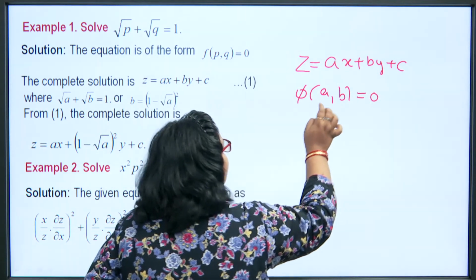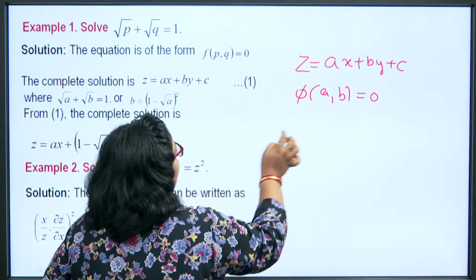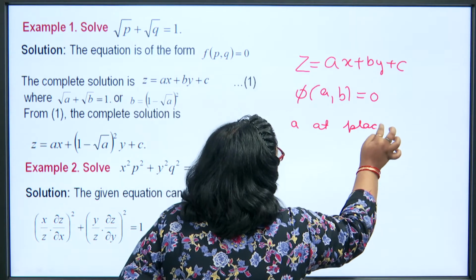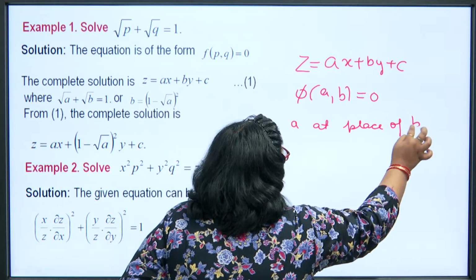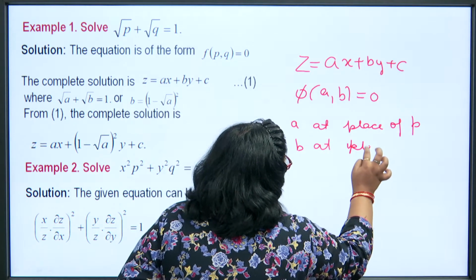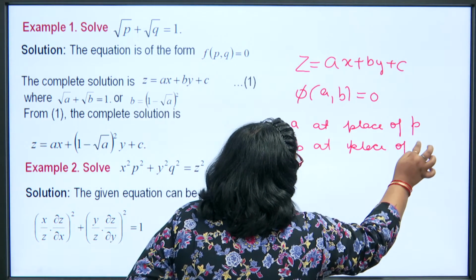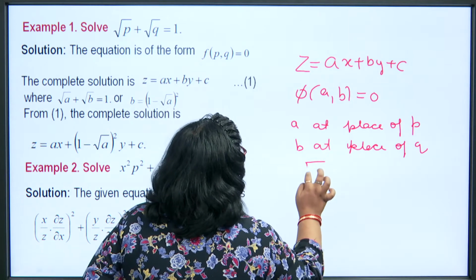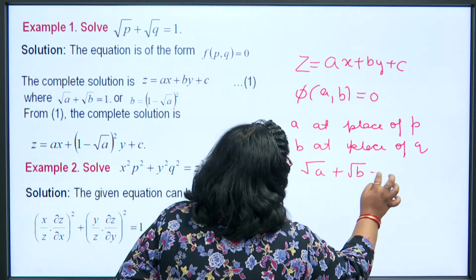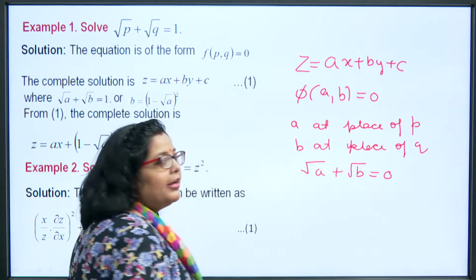For this we put a in place of p and b in place of q, so root a plus root b is equal to 1.